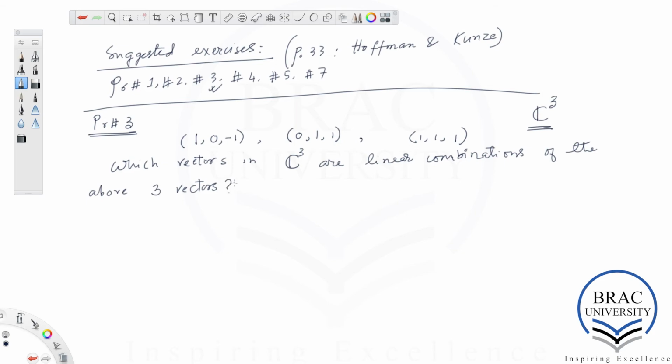This is the question. Okay, so we know the definition of linear combination. We take the linear combination of these 3 vectors, C1 times 1, 0, minus 1 plus C2 times 0, 1, 1 plus C3 times 1, 1, 1.